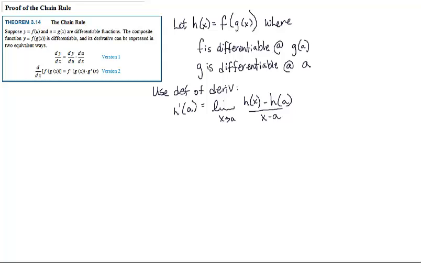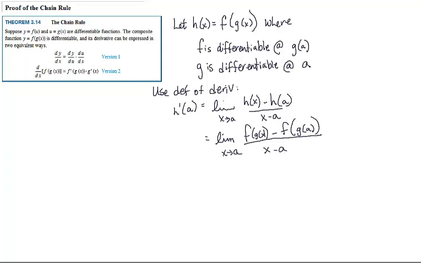Now I'd like to replace this with my f's and my g's, so the limit as x goes to a of f of g of x minus f of g of a, and this is all over x minus a.